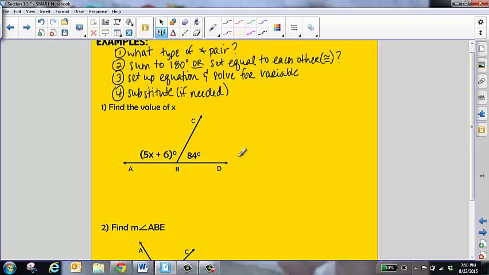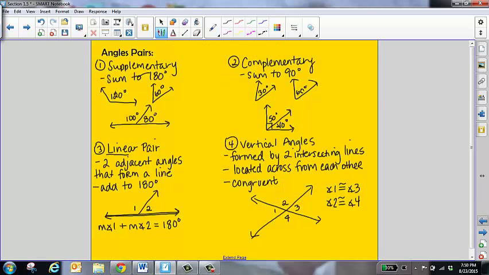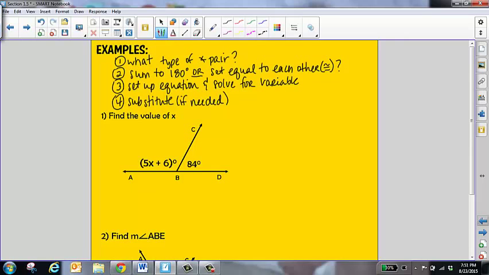If we go back to our angle pairs, what does that look like to you? It looks like this diagram here. It looks like a set of linear angles, a linear pair. So that's what we've got going on here. So what type of angle pair? Linear.